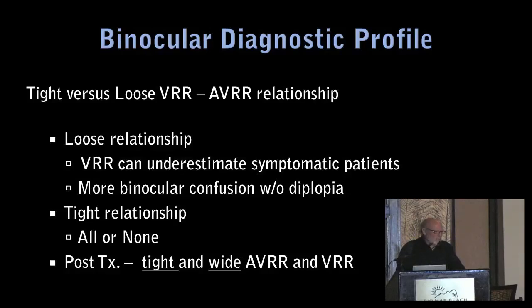Now, probably the most important thing that I think reflects on these measures is the nature of a loose relationship between the classic divergence measure, the recovery range, and the associated recovery range. Because the measure of diplopia endpoint can totally underestimate symptomatic patients.